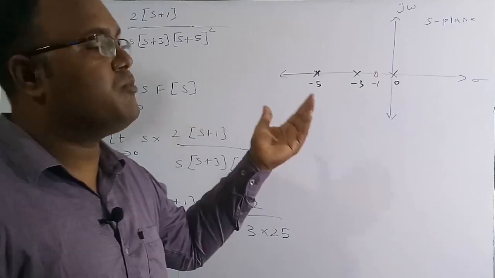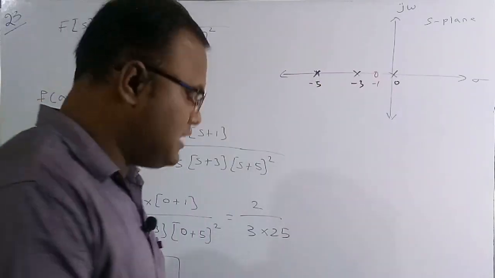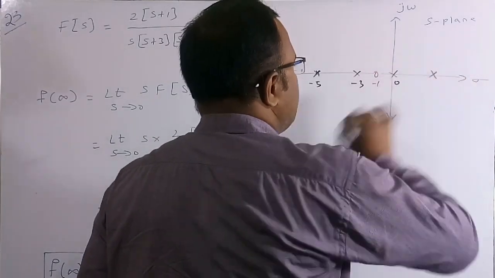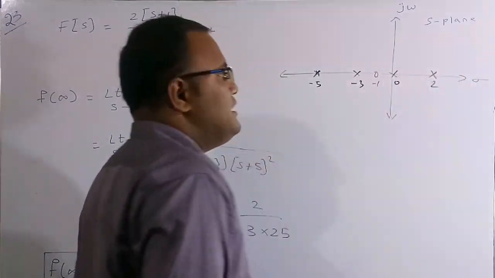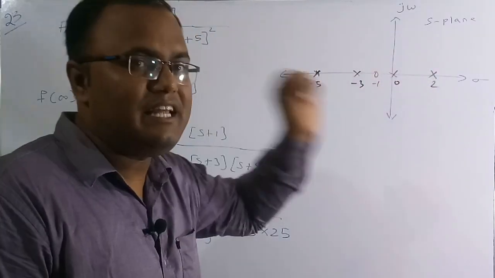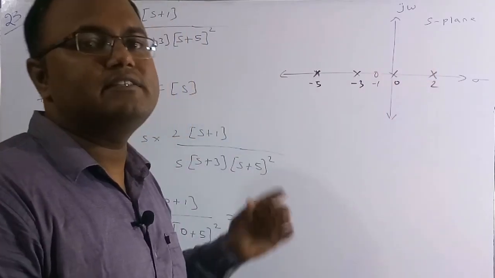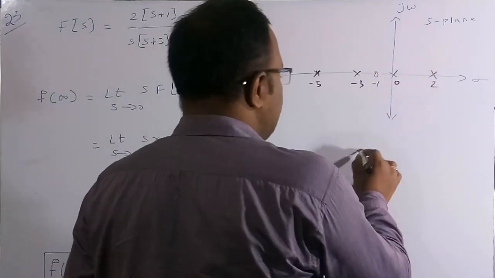Suppose in the pole-zero plot, one pole is lying in the RHS of the S-plane, let me assume this is at 2. If among all the poles at least one pole lies in the RHS of the S-plane, then the steady state value will always be infinity, because the system is unstable since it has increasing exponentials. As time increases, the exponential value keeps increasing, so the steady state value will be infinity.